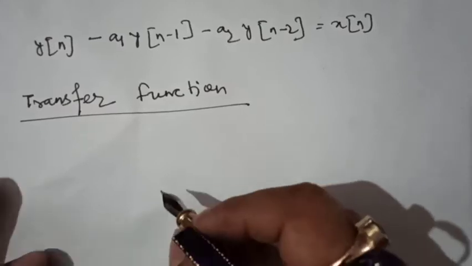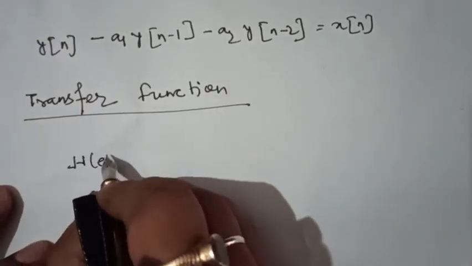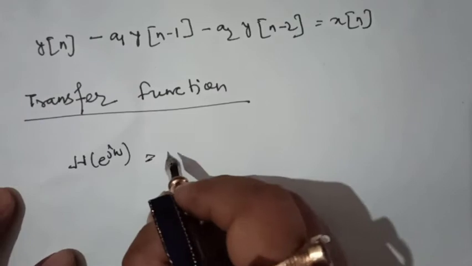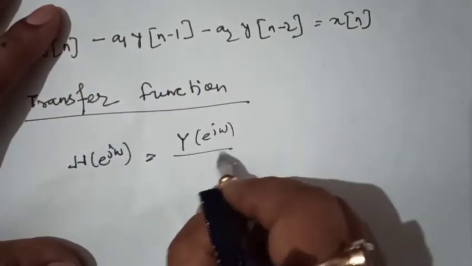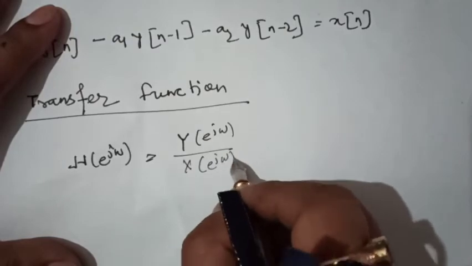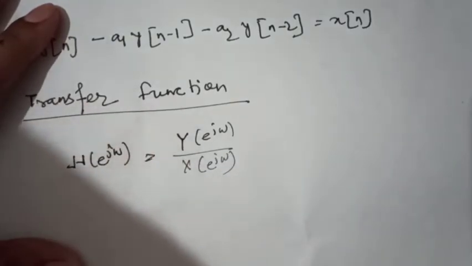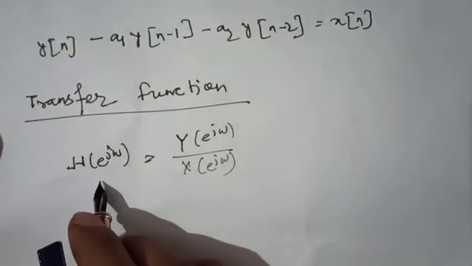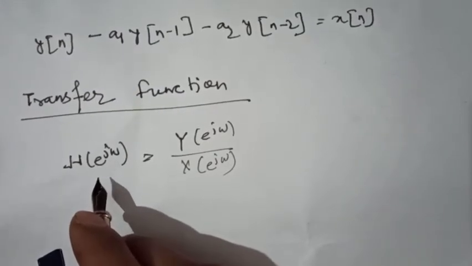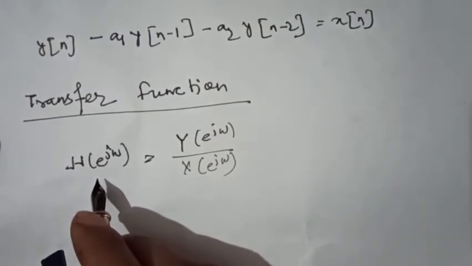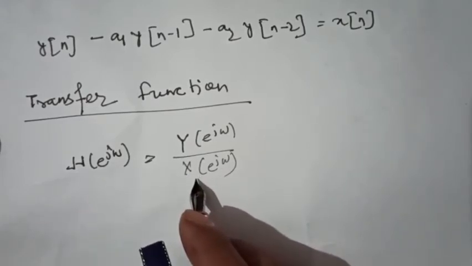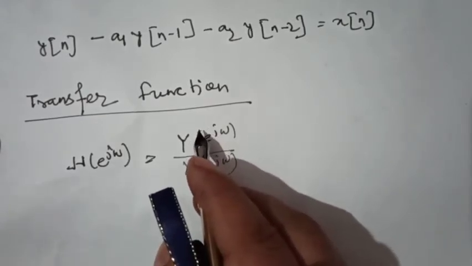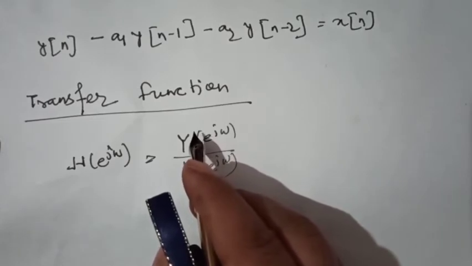So this h of e to the power j omega is the DTFT of the impulse response of the system, x of e to the power j omega is the DTFT of the input, and y of e to the power j omega is the DTFT of the output.